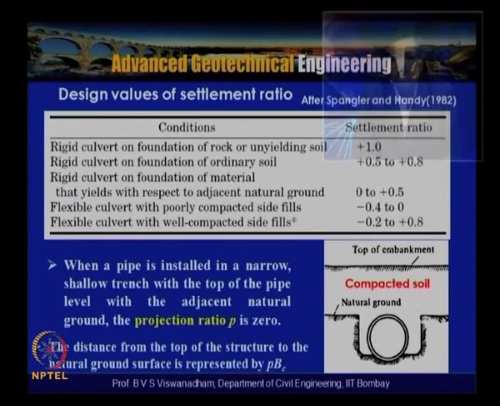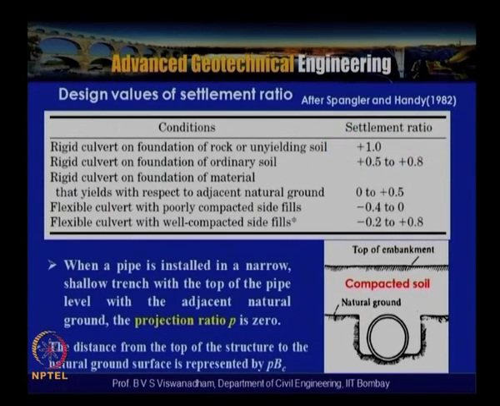So, here different design values of settlement ratios RSD are given. For a rigid culvert on a foundation of rock or underlying soil, the settlement ratio is taken as +1. For a rigid culvert on a foundation of ordinary soil, the settlement ratio is given as +0.5 to +0.8. For a rigid culvert on a foundation of material that yields with respect to the adjacent natural ground, the settlement ratio is given as 0 to +0.5.